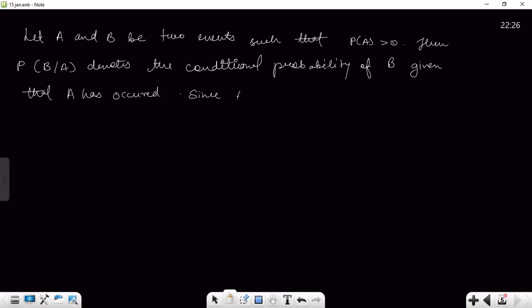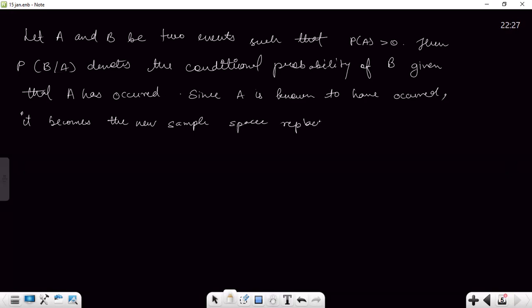Since A is known to have occurred, it becomes the new sample space, replacing the original sample space.